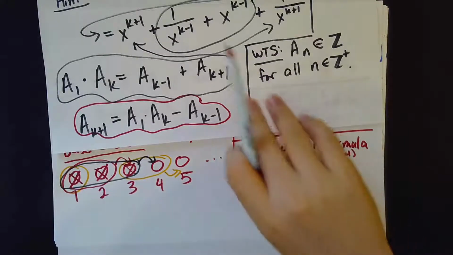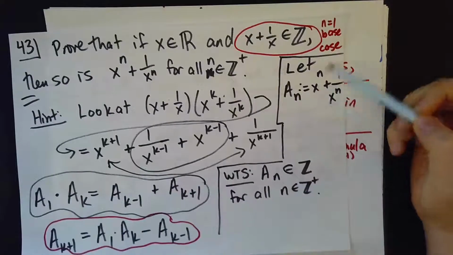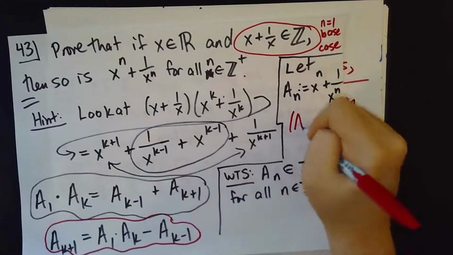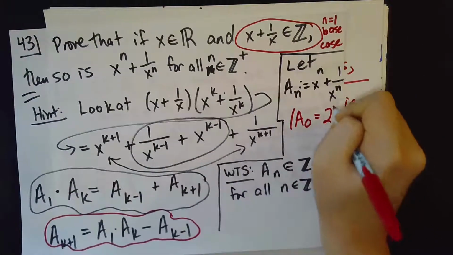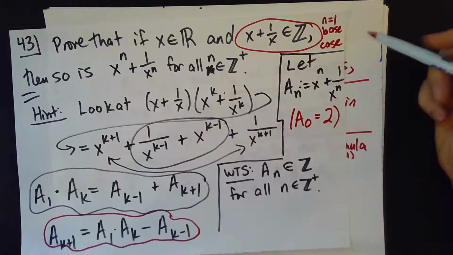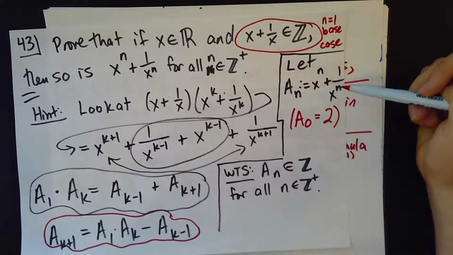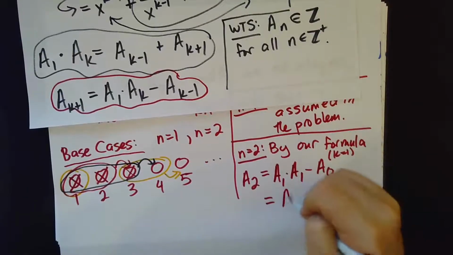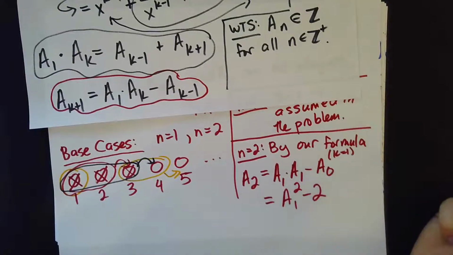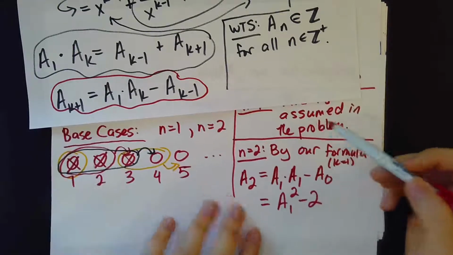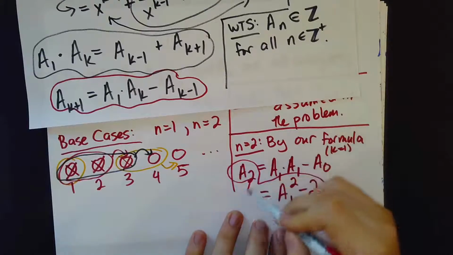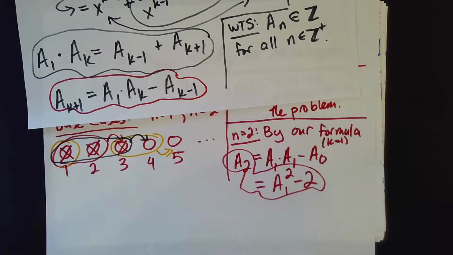Well, in this instance, a0 is just 2, right? Because it is x to the 0th plus 1 over x to the 0th. And x to the 0th is always 1. So this is a1 squared minus 2. Okay. And so since a1 is an integer, this is definitely also an integer. And so that finishes my base cases here.